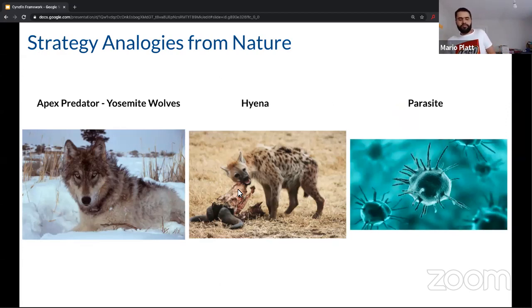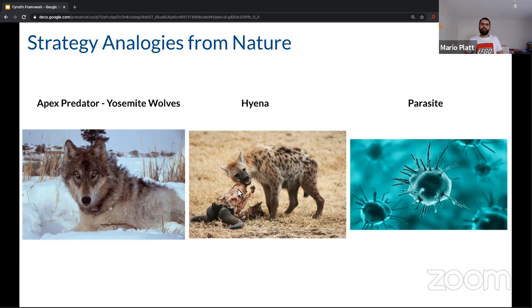And we finally come to the last part, which is strategy analogies from nature, right? So Cynefin and complexity theory basically use naturalizing a lot. So it uses ideas from nature to try and inform the methods and processes that we use.